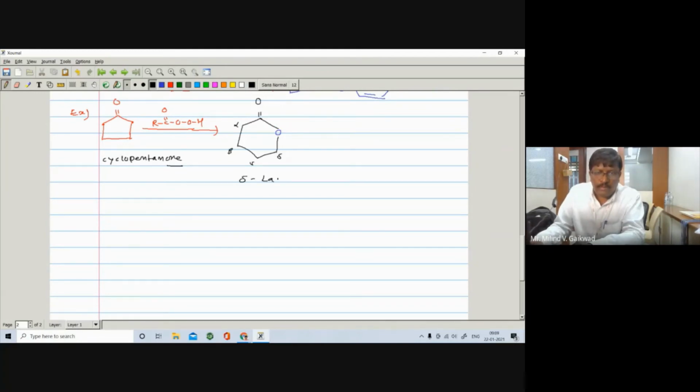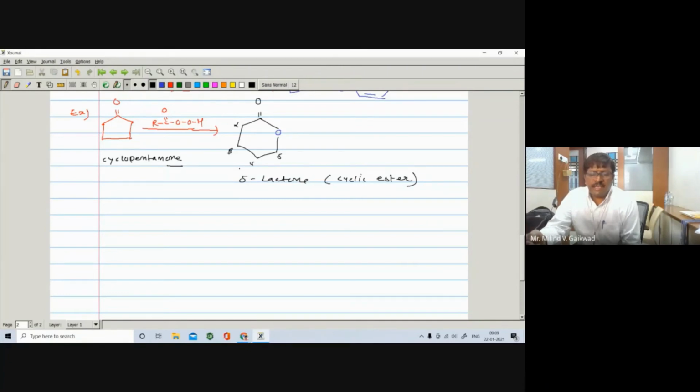Delta lactone. The cyclic esters are called lactones, and this you have learned in the second year in the topic of carbohydrates. In carbohydrates, there is a formation of such a cyclic ring when a lower member is converted into a higher member.